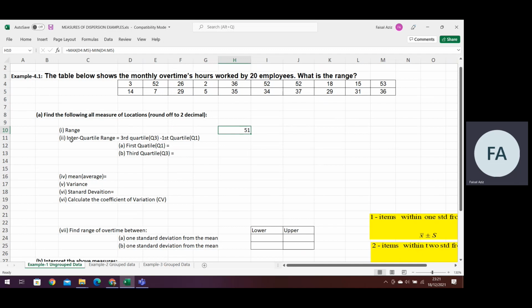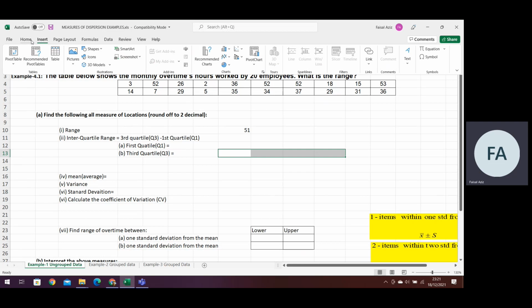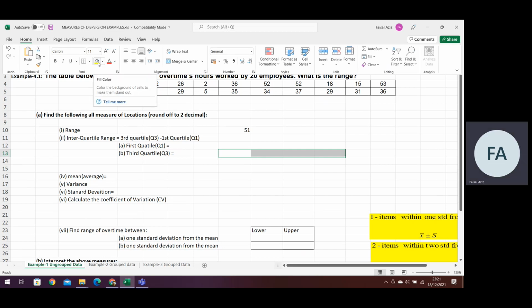Now we have another measure of dispersion called interquartile range. This terminology will be new to you: quartile. Quartiles are basically 3 partition points in our data. For example, let's assume these 4 cells I am highlighting in yellow.